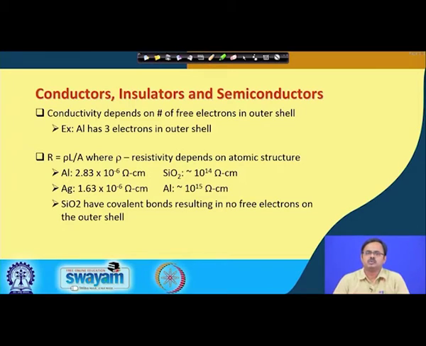For that we have to look at how an electric current is conducted. Why does electricity get conducted? Electricity gets conducted because there is movement of electrons, from one point to another or in a certain direction.